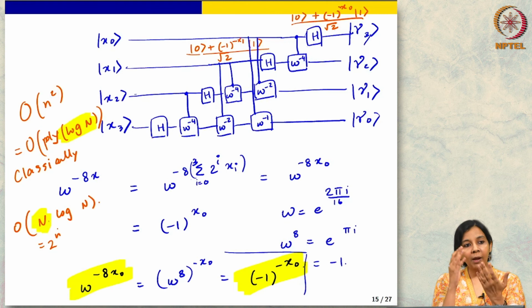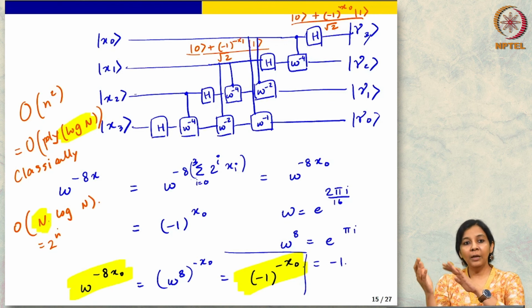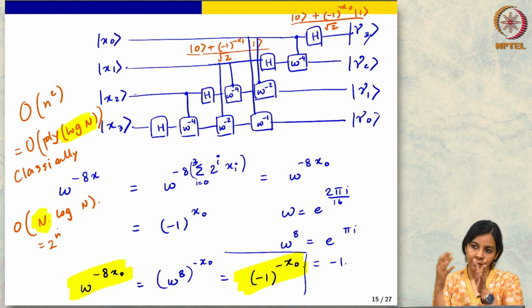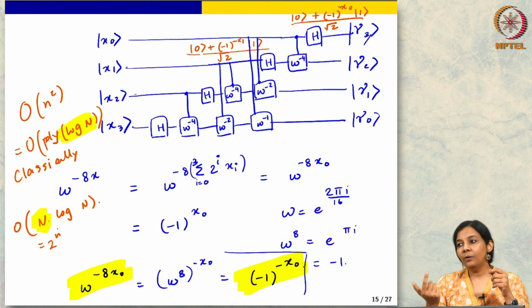So, now when we measure the second register, we are basically collapsing down to one color. So, the input register will collapse to a superposition of points which are separated by this period, right. And now what will we do?